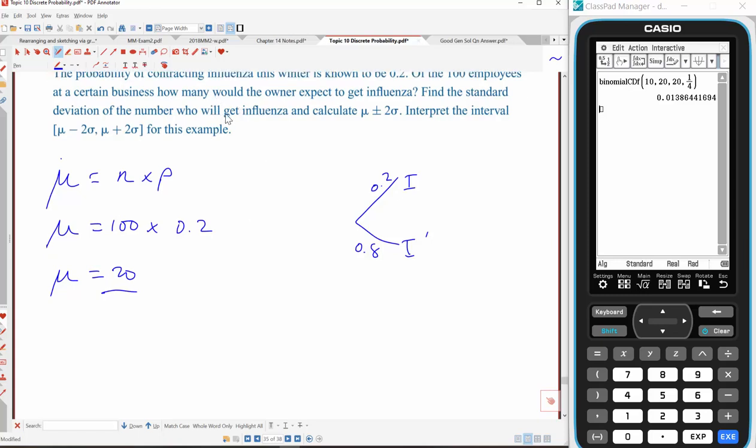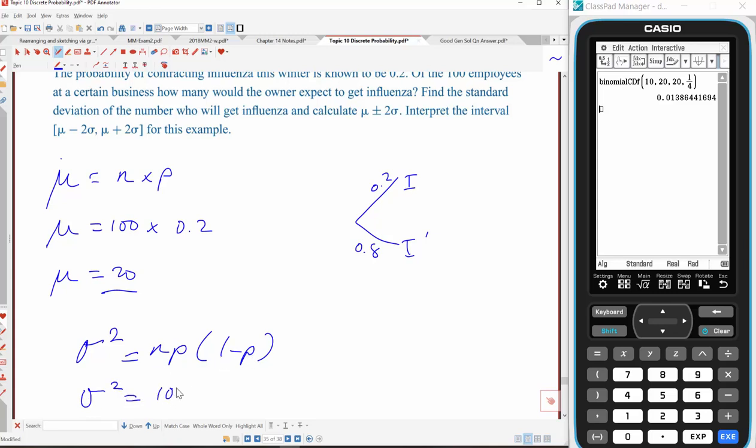All right, so now what we want to do is calculate this thing called the mean plus or minus 2 standard deviations. So let's get the variance, which is sigma squared. Now that's np(1 - p). I'm again just using the formulas. I know I'm a little bit more comfortable using them than you guys, which is np(1 - p).